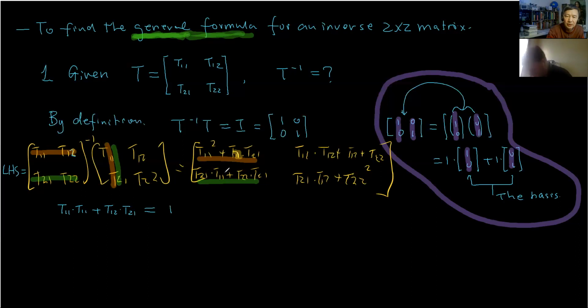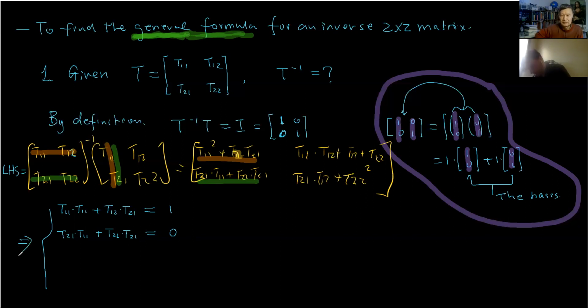It's not 0, equal to 1. Similarly, the second equation we can build is T21 multiply T11 plus T22 plus T21, which is equal to 0. Can you build another two equations?